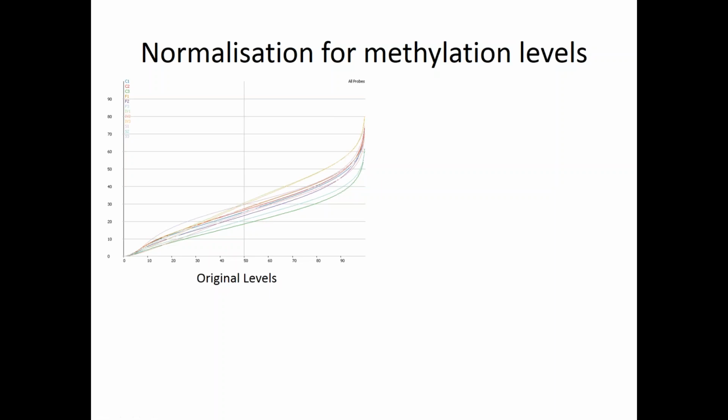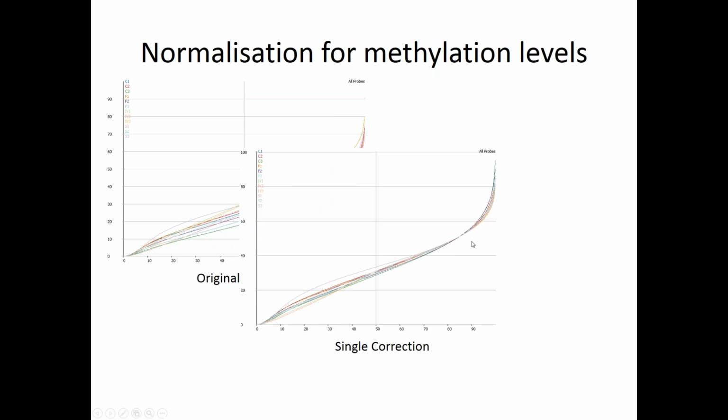There's a number of ways in which you can do that. In this case, I can do a fairly simple normalization by just picking a part of the distribution and then adjusting all the values so that they match at that point. So here I matched all of my data at the 85th percentile. So I've applied a constant scaling factor to all of my methylation values to make them more comparable.